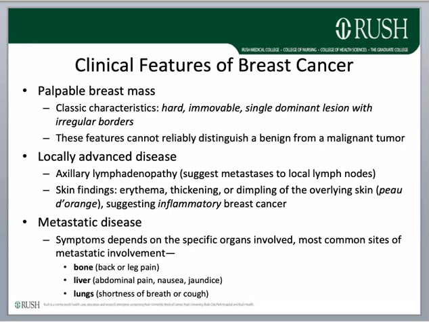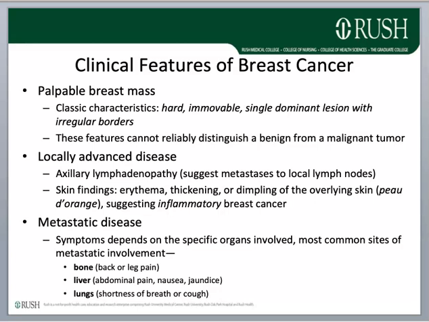The signs of a more advanced local regional disease include axillary adenopathy, which suggests metastasis to local lymph nodes, and skin findings such as erythema, thickening, or dimpling of the overlying skin, which we call a peau d'orange or orange peel effect, which suggests inflammatory breast cancer, which I'll talk about a little bit later.